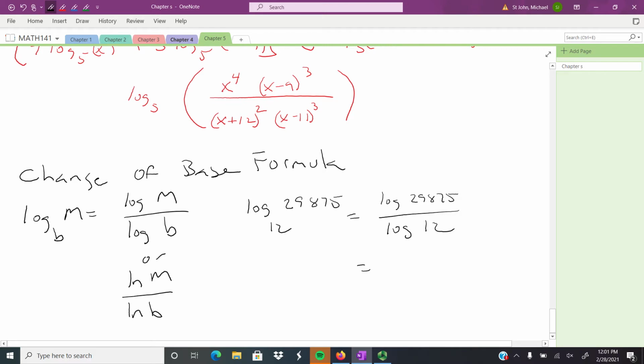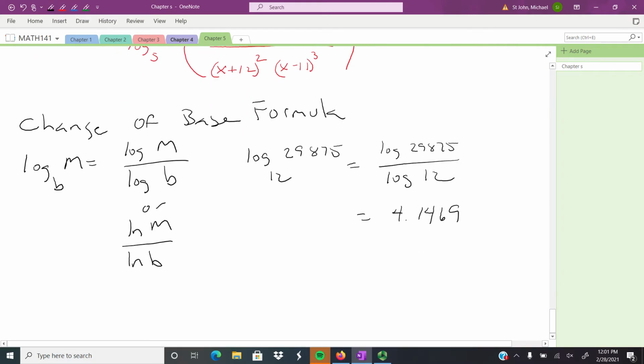And if you plug that in your calculator, and we're going to round here, we get 4.1469. Rounding my answer to that many places. Let me just check that. Log of 29875. All right. 4.1469.